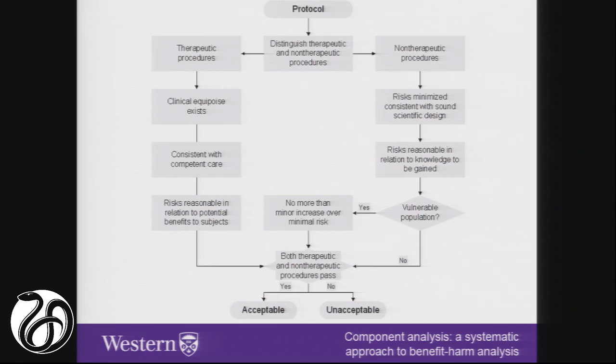Finally, the requirements for therapeutic procedures and non-therapeutic procedures must both independently be fulfilled in order for an IRB to be able to responsibly conclude that a study poses benefits that stand in reasonable relation to the risks to individuals. So, that's component analysis.